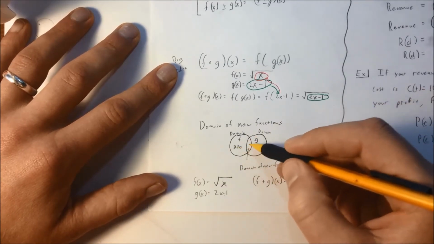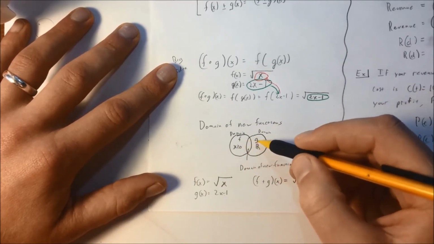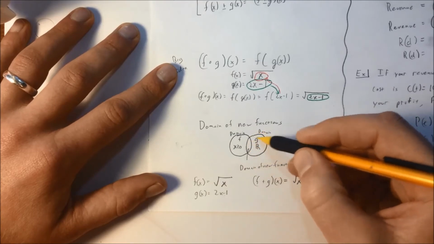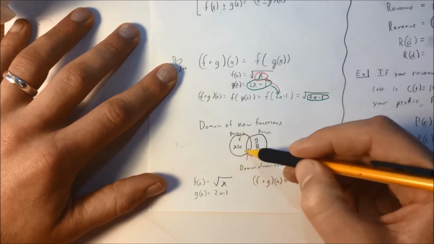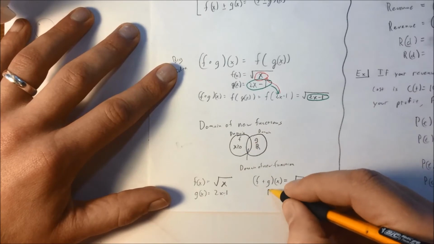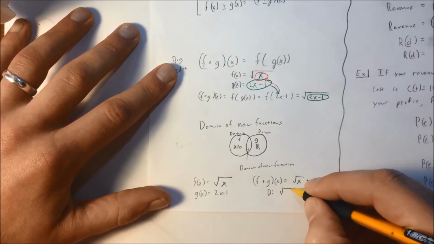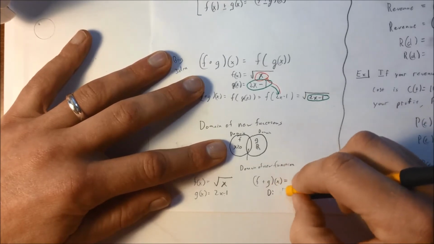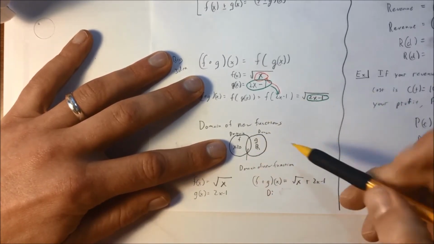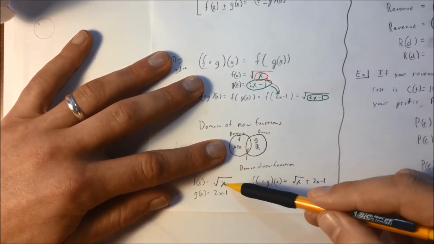So where do these two overlap? Well, this says I can plug in any number. This says I can only plug in numbers greater than or equal to 0. So the domain of my new function is limited by the domain of f.